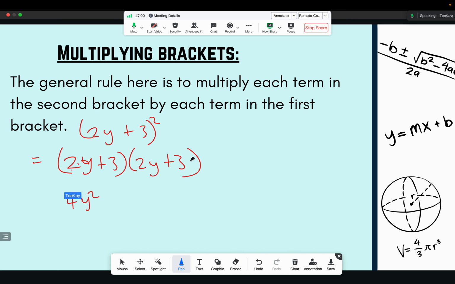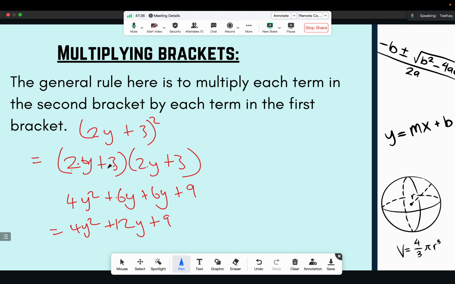And 2y by 3, we get plus 6y, and 3 by 2y, we get plus 6y. Then 3 by 3, we get 9. And then here we will have 4y squared. These are like terms, so they will give us plus 12y plus 9. So now our answer is 4y squared plus 12y plus 9.